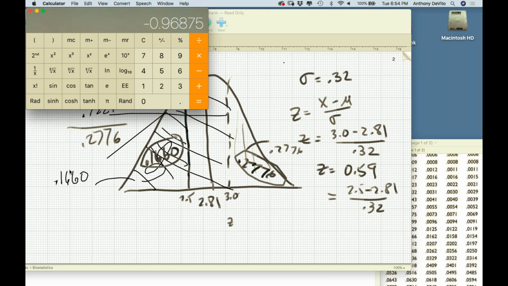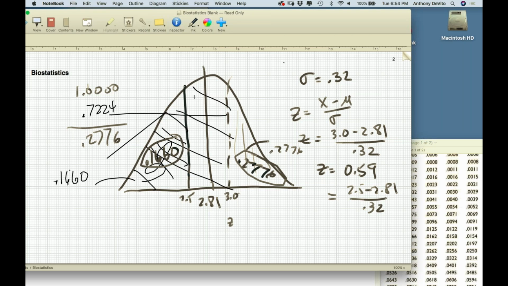So the next question is, what percentage of students have a cumulative average between 2.5 and 3.0, right? So what we're looking for is the area in between these two.